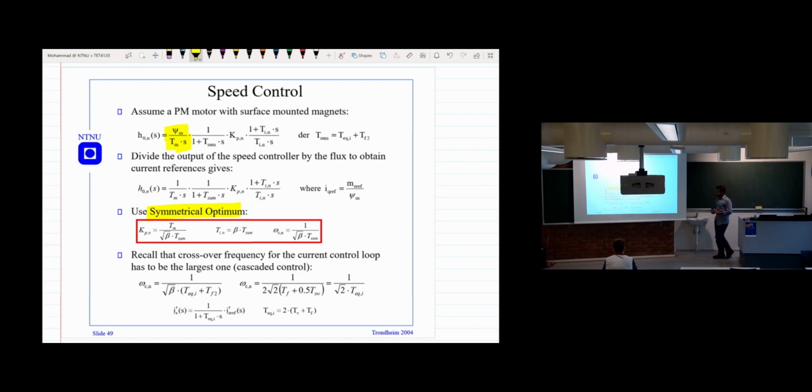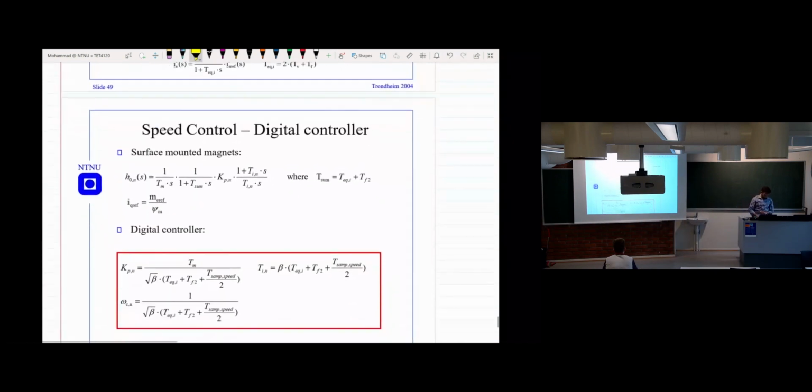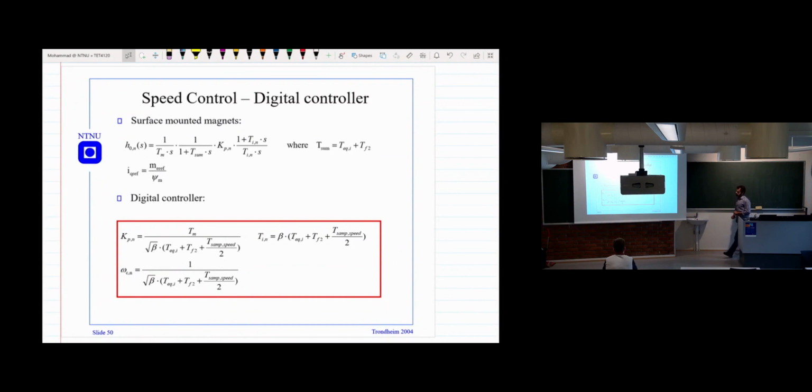I don't need to discuss in detail how we tune the controller using the symmetrical method, as we have already discussed. So you can apply the symmetrical tuning method here. And if it's a digital controller, you also need to include the speed sampling time in the controller gain.